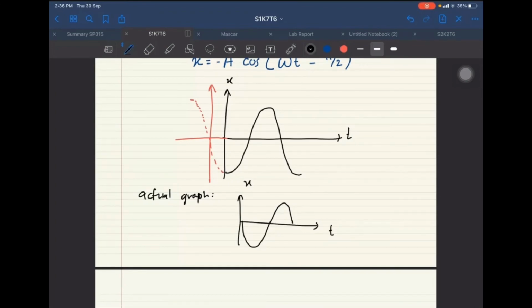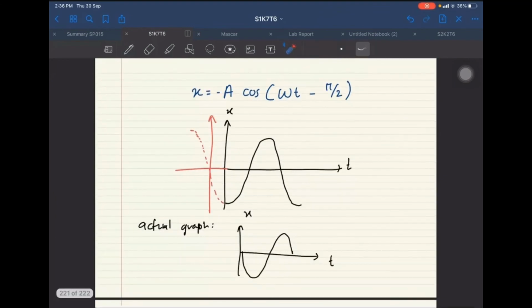Dah lama dia tak suruh lukis. Most likely dia akan kasih situation and they ask you to write down the equation. Biasanya macam tu. Okay, tapi ini more to like the old punya syllabus, dia selalu suruh kamu lukis. Okay, the last part dia ask you to draw lah. So kalau draw ada phase different, you have to be careful a little bit. You have to consider lah yang part ujung ni.